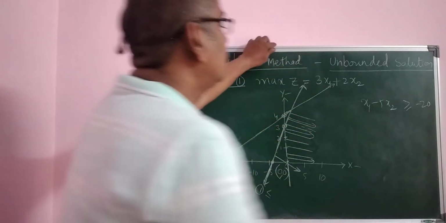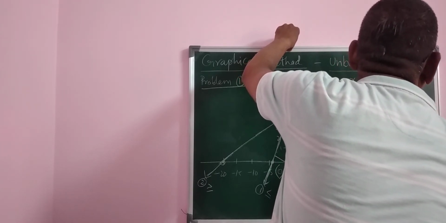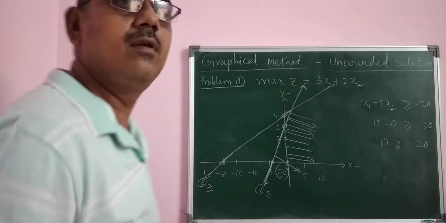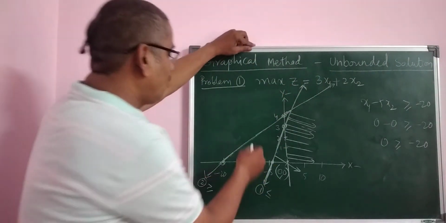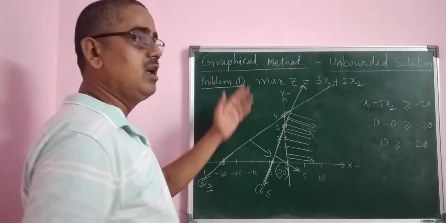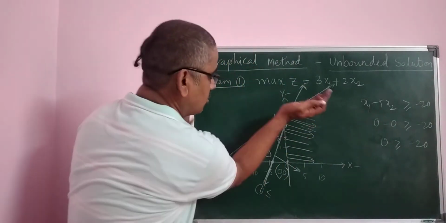I am substituting 0, 0. So 0 minus 0 is greater than or equal to minus 20. 0 is greater than or equal to minus 20. Absolutely, that is true. So this is the region for this particular line. For this line, greater than or equal to minus 20 satisfies this region.